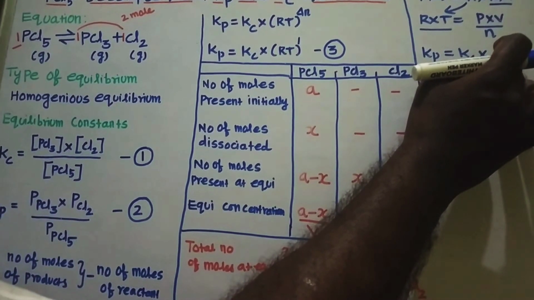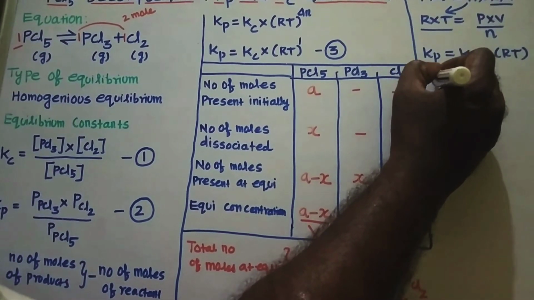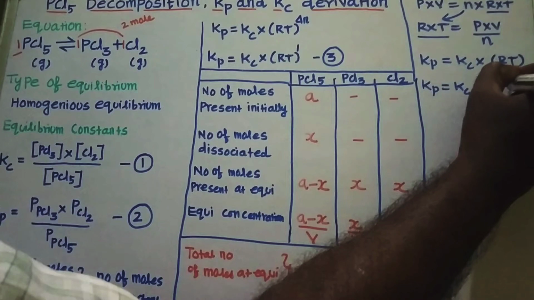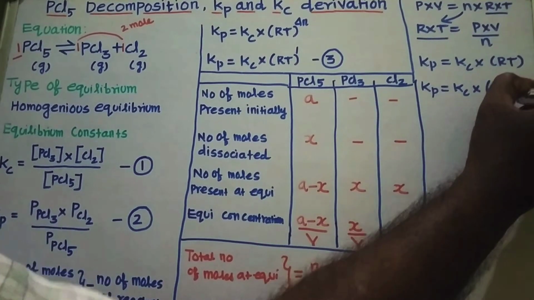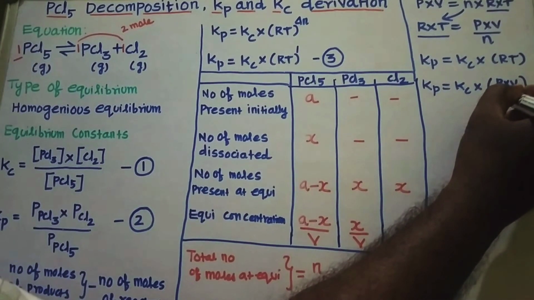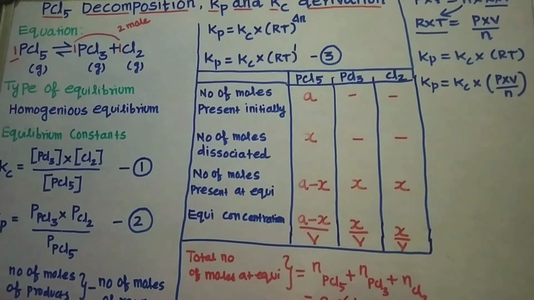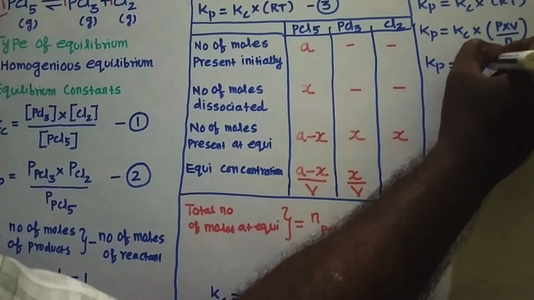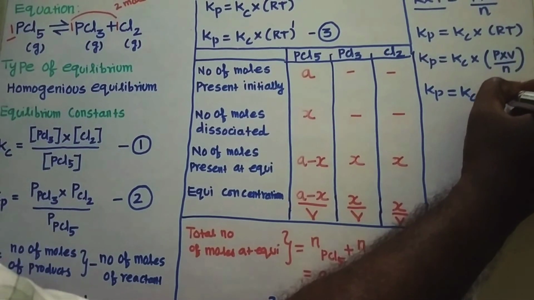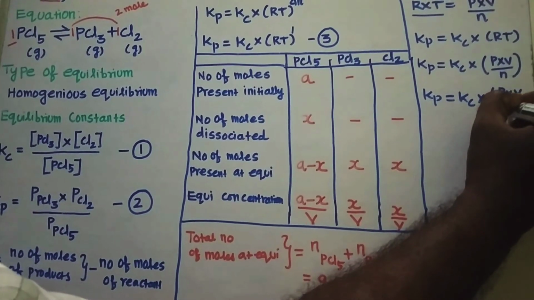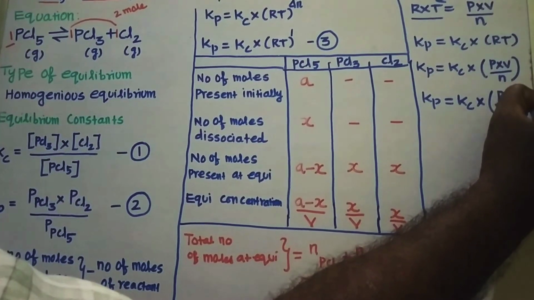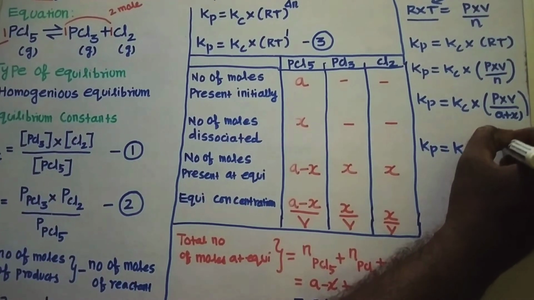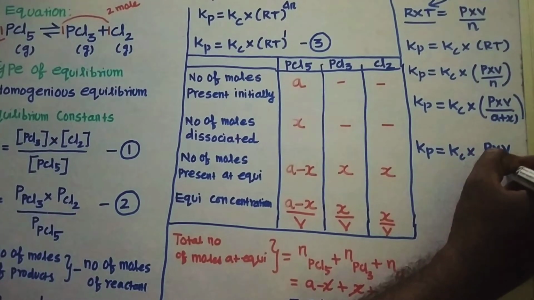In this equation I substitute the value of RT, so Kp is equal to Kc into P into V divided by N. Now we substitute the total number of moles at equilibrium, which is A plus X. Therefore Kp is equal to Kc into P into V divided by A plus X. Okay, students? A plus X.